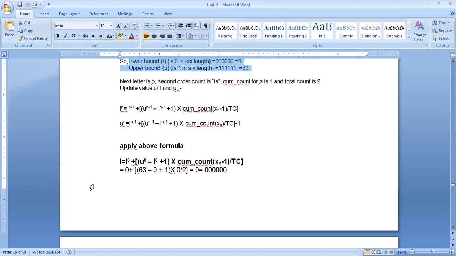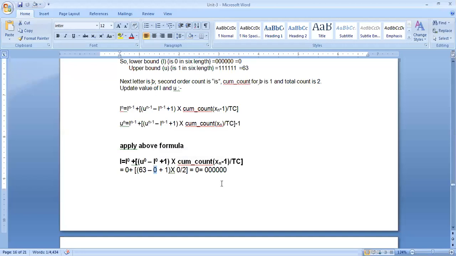So here we apply: lower bound for the previous level is 0, plus upper bound for the previous, this one 63. Here upper bound is 63, so we take 63 minus lower bound for the previous value, that is 0. This one 0, so we take 0 plus 1, multiply cumulative count of xn minus 1.